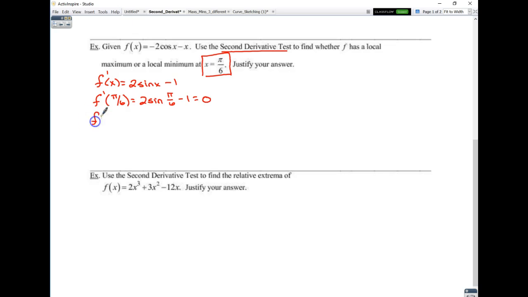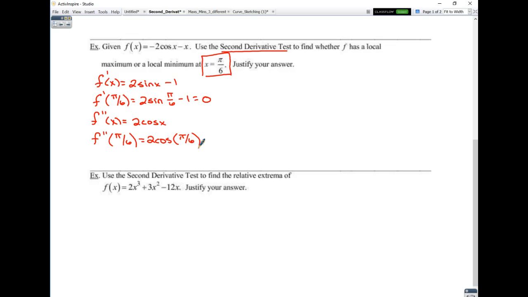So now I need to find the second derivative. What is the second derivative of f? Cool. So f double prime of pi sixths equals, you're going to enjoy this, 2 cosine of pi sixths.